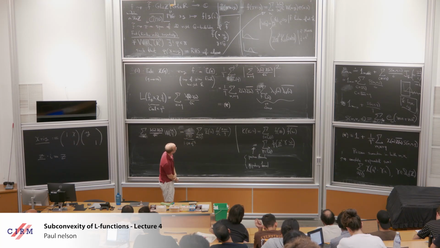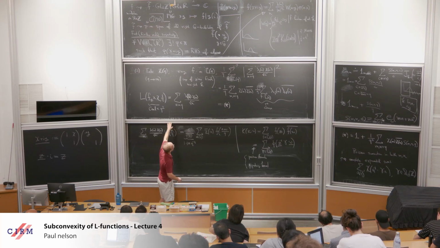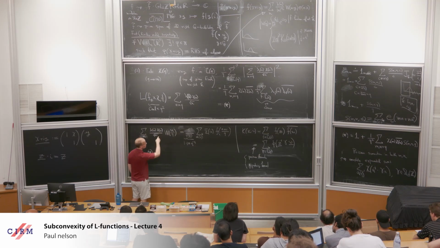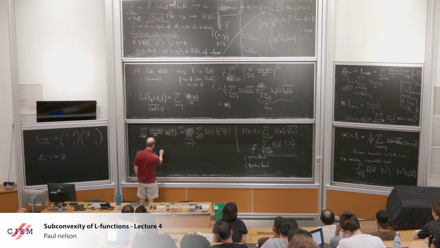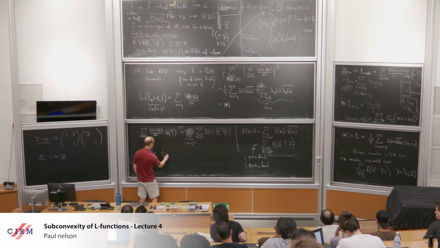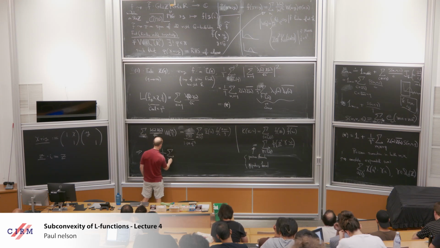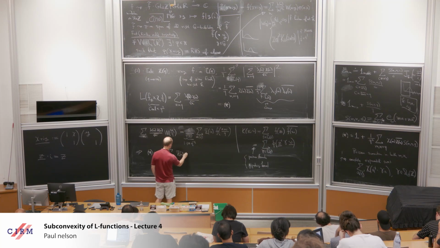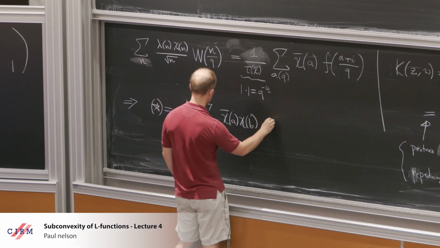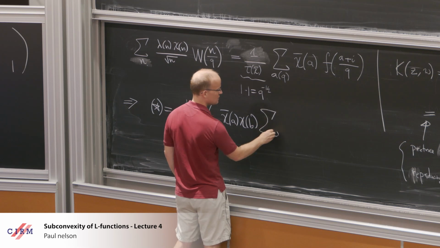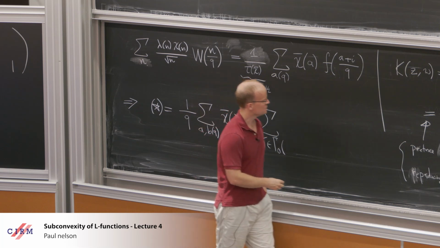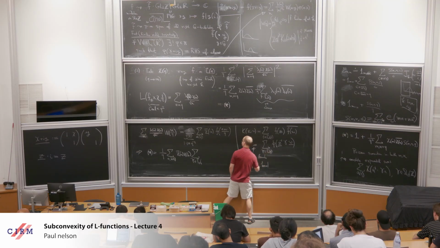And you'll quickly arrive at what? So this expression that we called star on the middle board will be 1 over q times the sum over a and b, let's say, modulo q, of maybe chi bar of a times chi of b, and then a sum over gamma in gamma naught of, sorry guys, I called it p, but it's really been q.